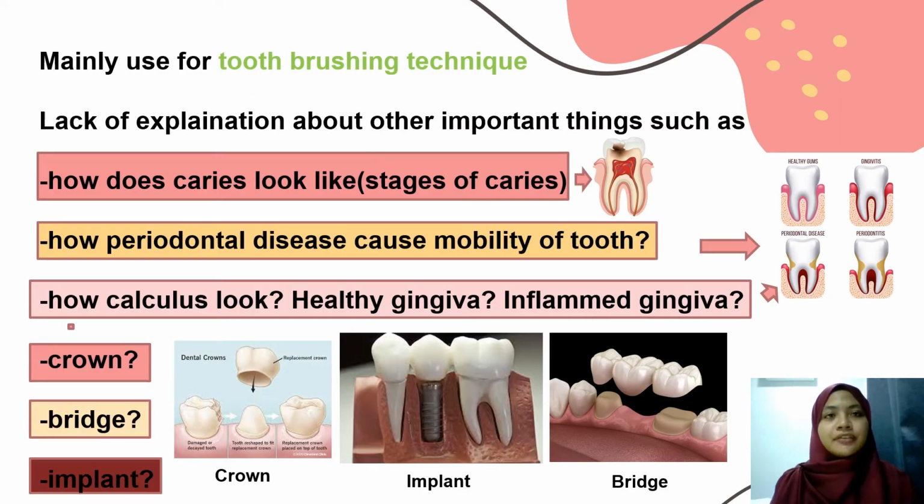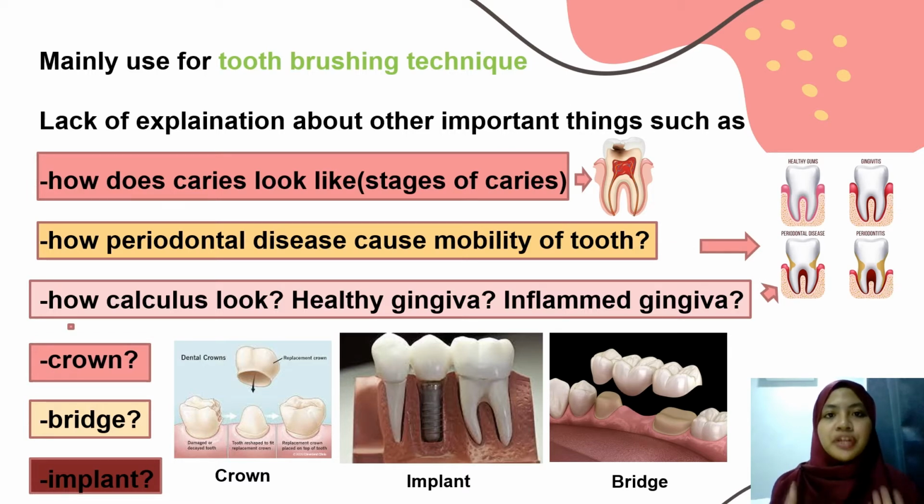And our current materials actually lack explanation of other important things, such as how caries looks like, the stages of caries, and what the treatment options are for caries and cavities. And next is how periodontal disease looks like, how calculus looks like, what healthy gingiva looks like, and what inflamed gingiva looks like.